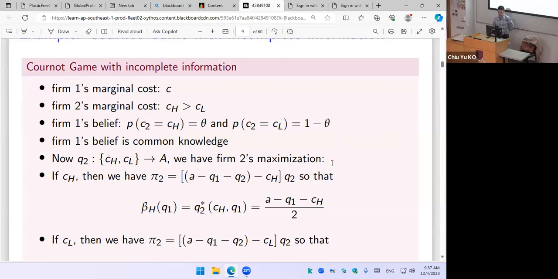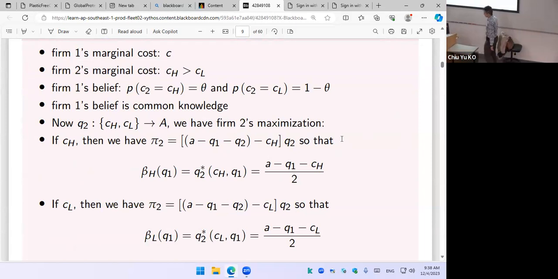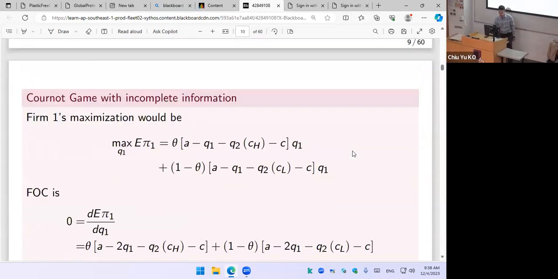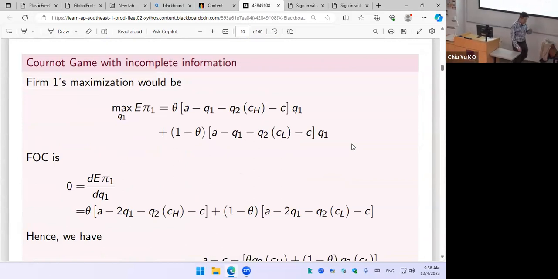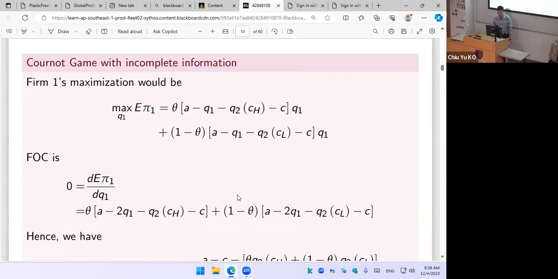Firm 2 we just maximize as usual as you do in Nash equilibrium. But firm 1, without knowing each type, which may be the cost of firm 2, is going to maximize based on expected utility, the expected payoff, the expected profit from these 2. I guess that would be the idea.